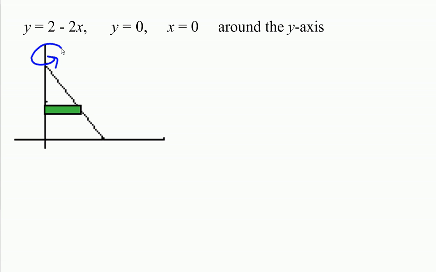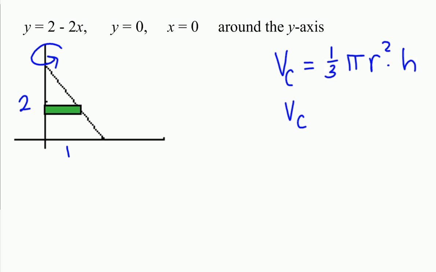Some of you might say, hey, this is just a cone, and I know the volume of a cone is 1/3 pi r squared times h. The height of that cone will be 2, and the radius will be 1. So yay, no calculus required.